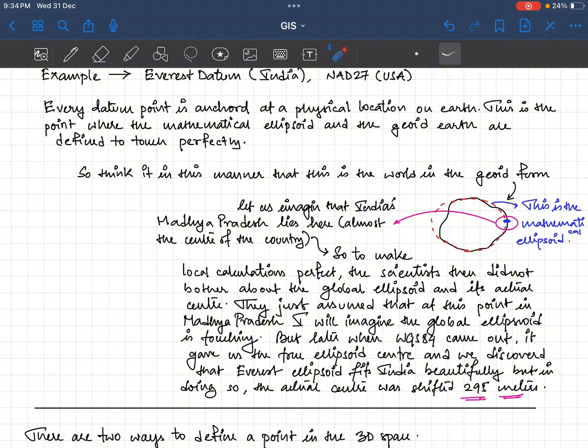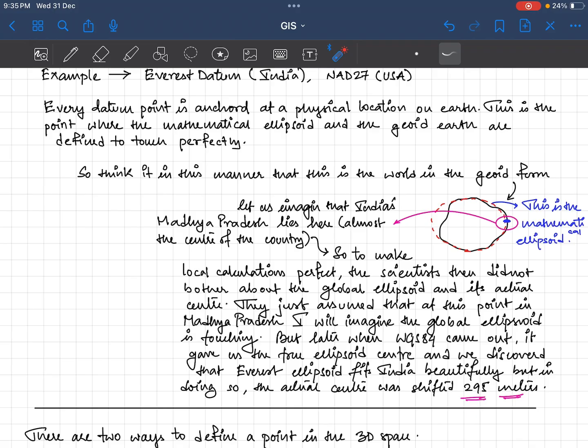Now, every country was using their own logic of making the ellipsoid and deciding the anchor point wherever they felt suitable for their own needs. But based on the WGS-84 global datum, it was decided that the center of the Earth will be considered the anchor point for the WGS-84 datum.